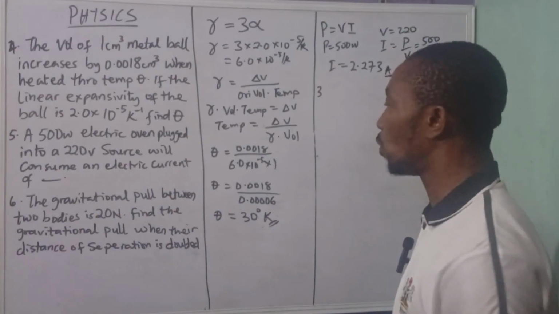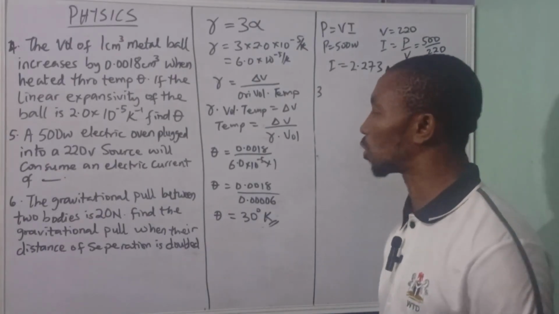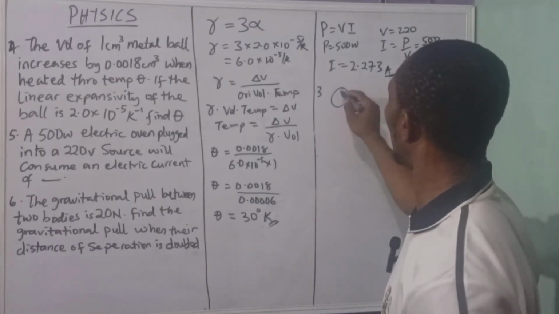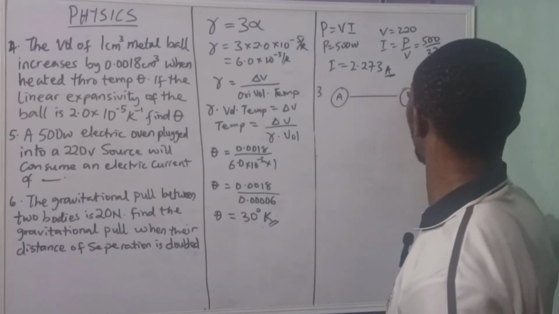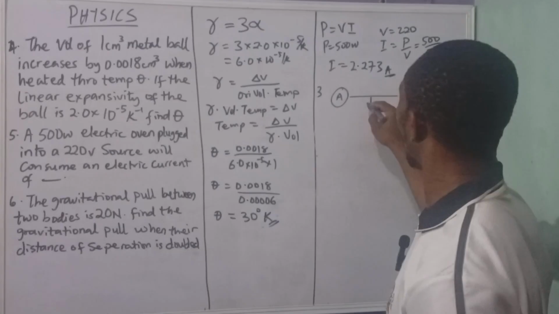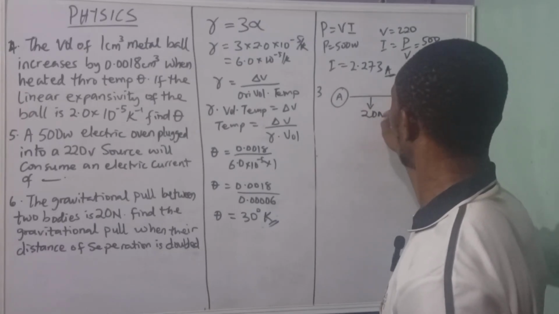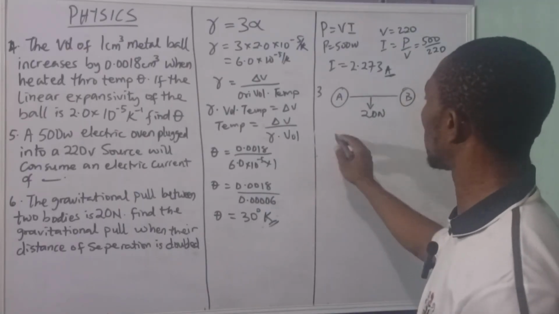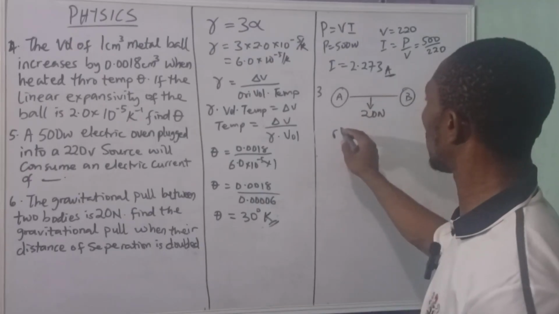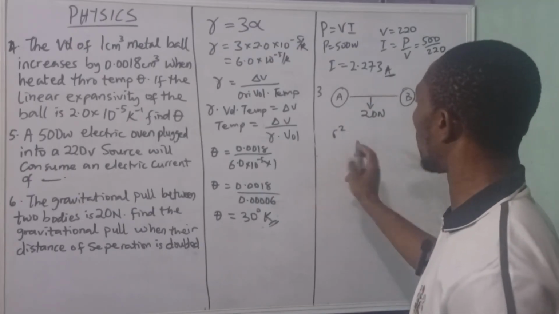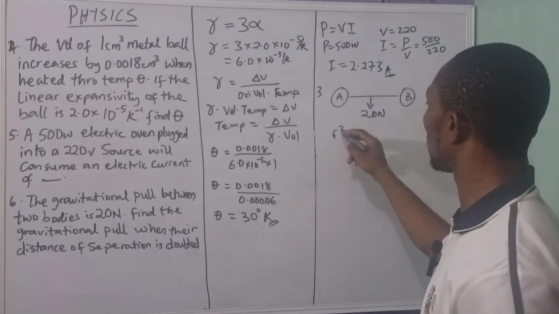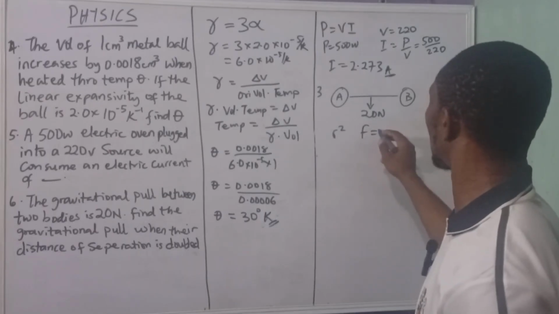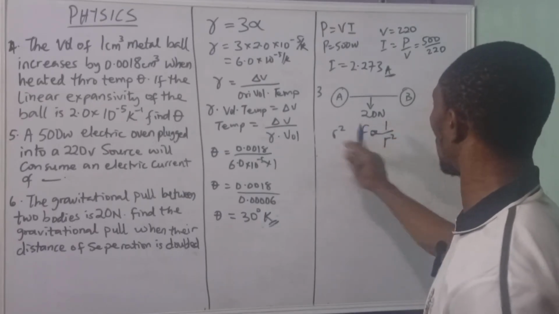Our question 6 says the gravitational pull between two bodies is 20 newtons. Find the gravitational pull when the distance of separation is doubled. If we have a body A and body B, and the gravitational pull is 20 newtons, now when the distance is doubled, that means our r is doubled. We know that F is directly proportional to 1 over r squared.